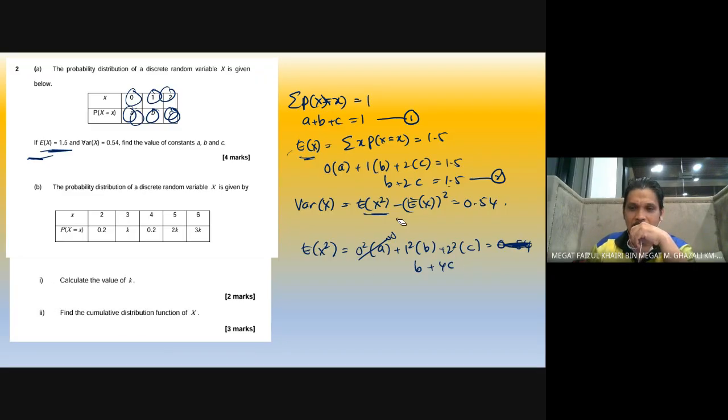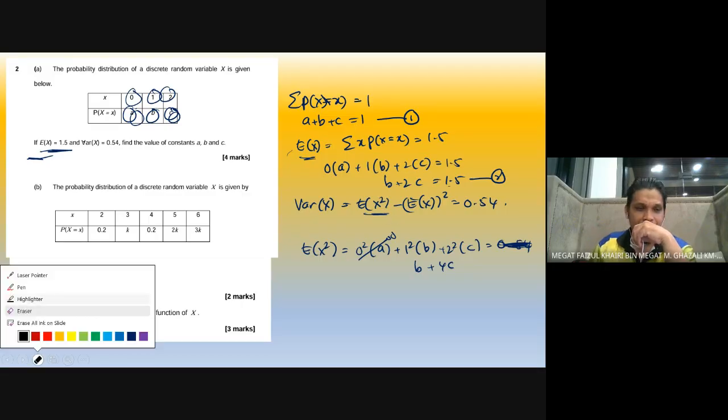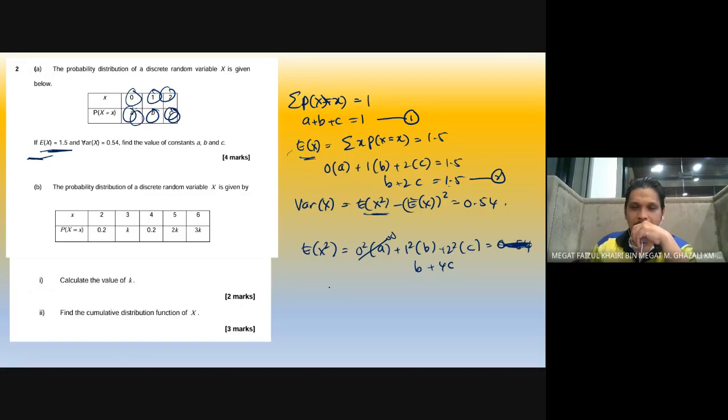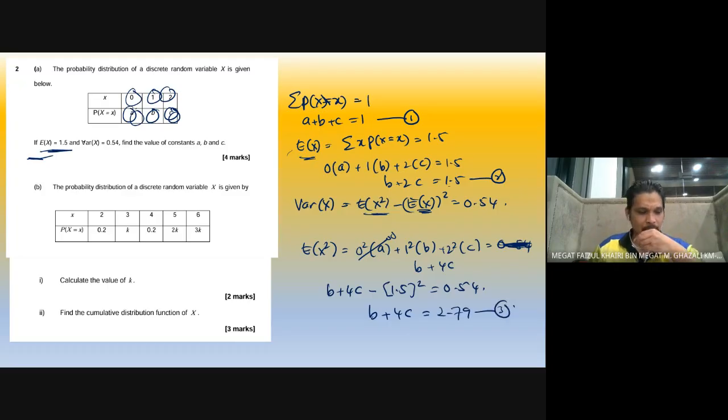So substitute here, b plus 4c minus this one here, expected of x in bracket square, 1.5 square, equal to 0.54. So then b plus 4c equal to 2.79, equation 3. So with 3 variables A, B, C, and 3 equations 1, 2, 3.